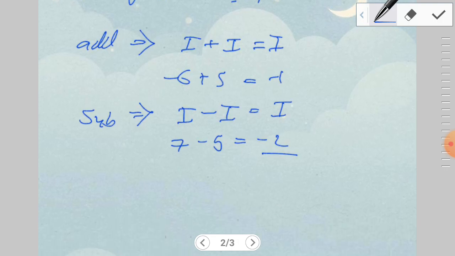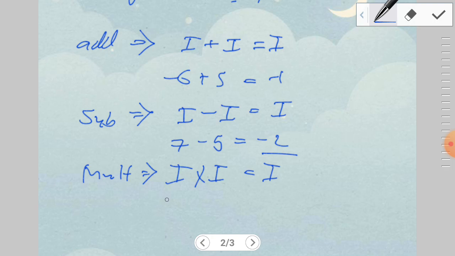Next one is multiplication. Integer numbers multiplied by integer numbers should be an integer. Like minus 5 into 8 becomes minus 40. It is an integer number, so it satisfies that property.